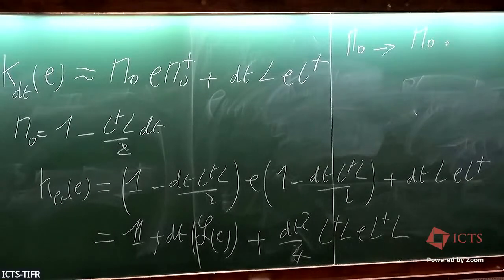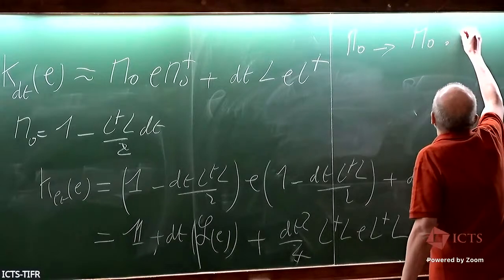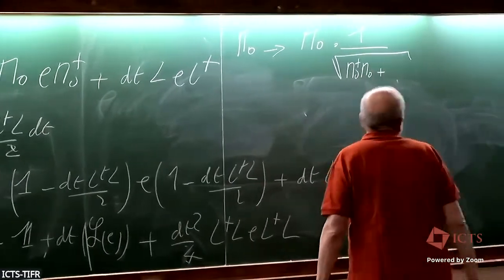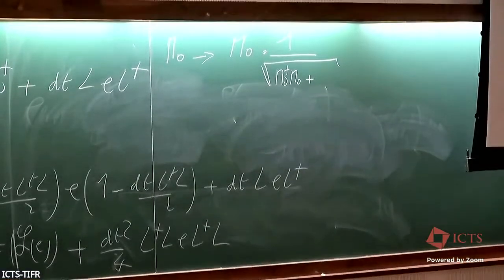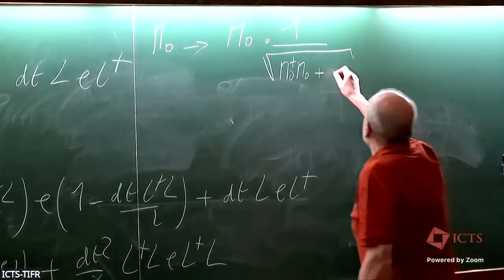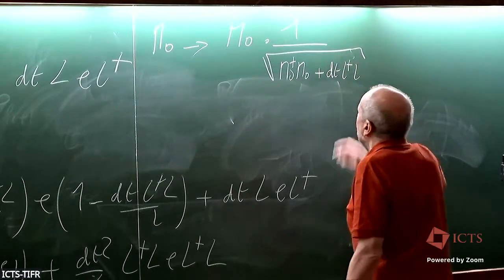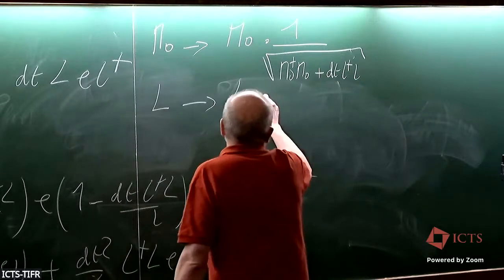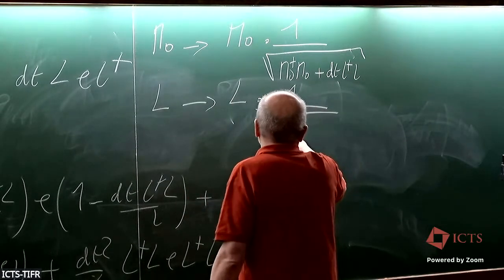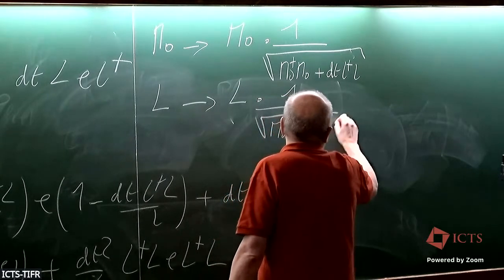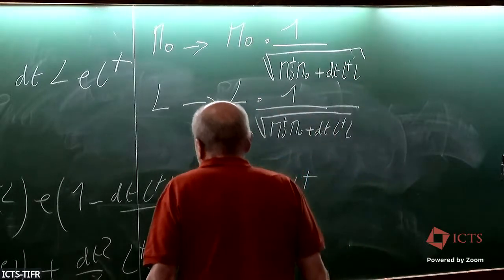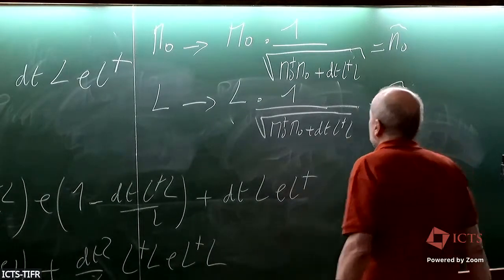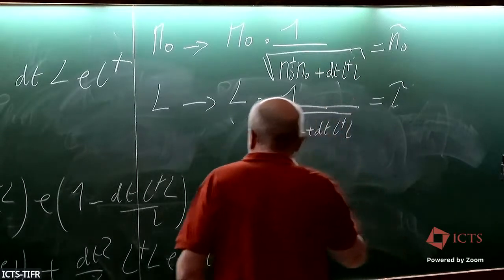The big S, in this case, is 1 over the square root of M0 dag M0 plus dt L dag L. And L, you replace it by L multiplied by the inverse of this thing. And this is M0 tilde, this is L tilde.